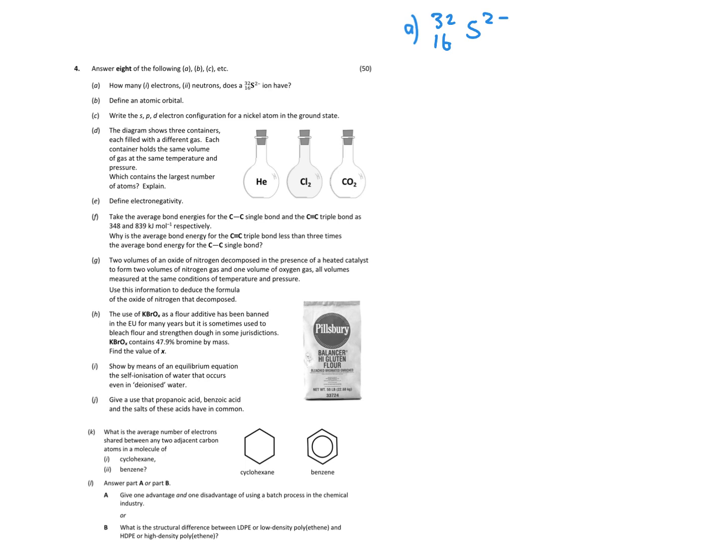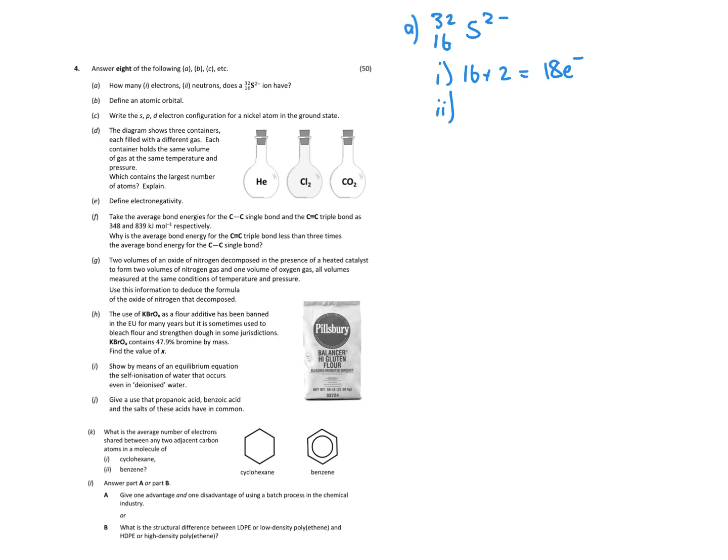We can see that the atomic number is 16, so 16 plus 2 means that there are 18 electrons present in this ion. And we can see that the mass number is 32. The mass number tells us the number of protons and neutrons.